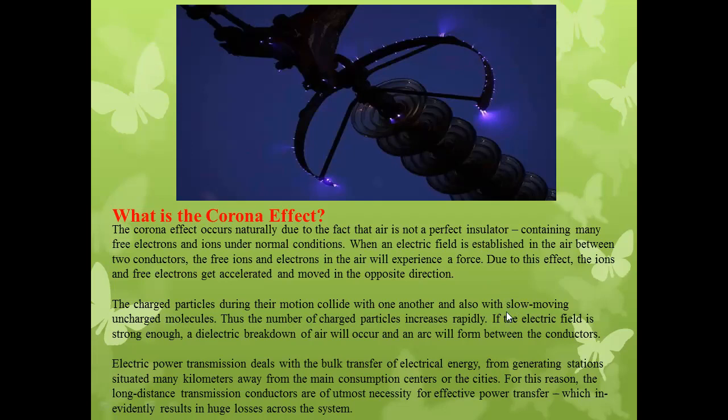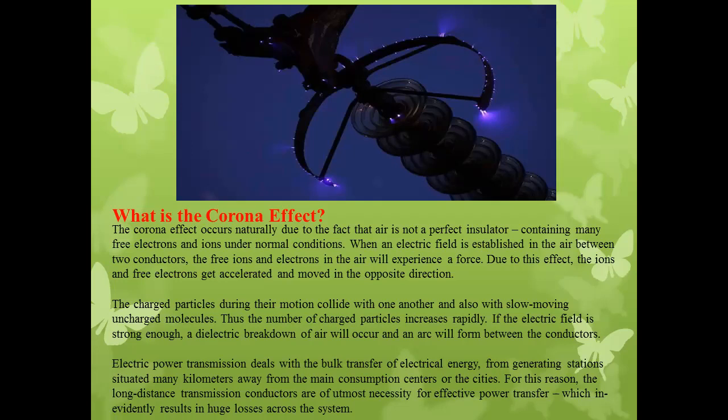The free ions and electrons in the air will experience a force because of the high voltage electrical or electric field stress. Due to this effect, these ions and free electrons get accelerated and move in the opposite direction.